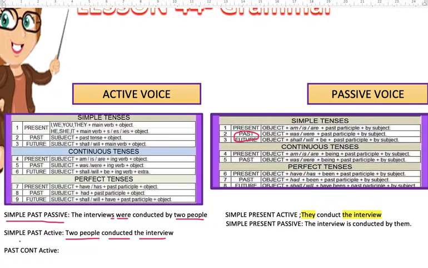Okay, let's try another one. Past continuous active. We use this one. Okay, the interviews were being conducted by two people.